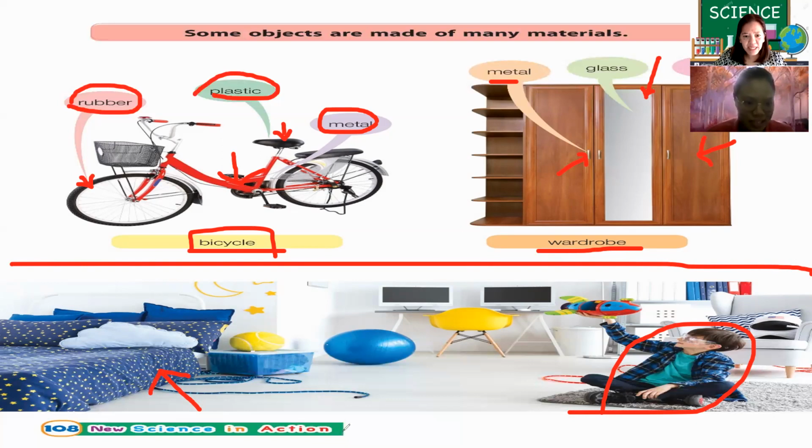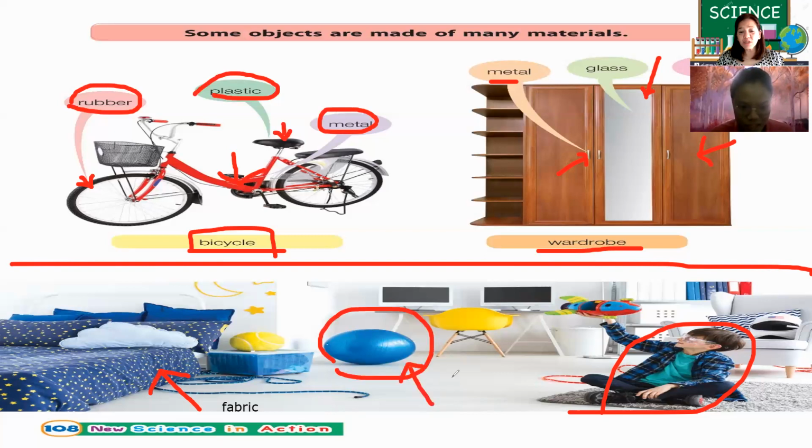What material can you see in this bedroom? I think a little about fabric, right? Fabric. And teacher, say about ball. I think ball is rubber, the blue ball. Yes, this ball is made of rubber.